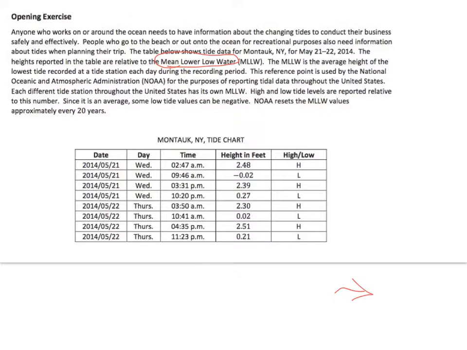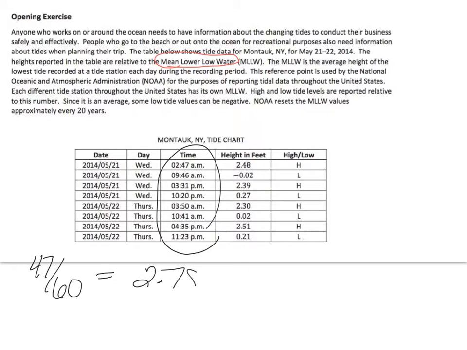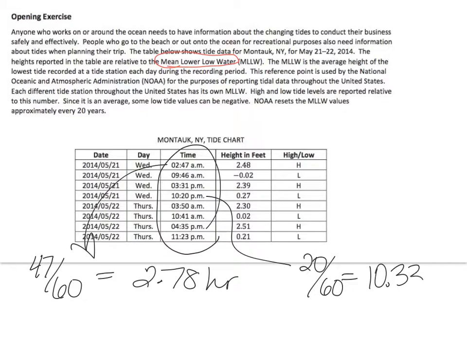So what I did is I changed every one of these times. For instance, 2:47: the 47 minutes has to be part of 60, which gives us 2.78 hours after midnight. That's for this first one. For this one, 10:20, I first figure out 20 over 60, which is 0.33, so 10.33 hours.